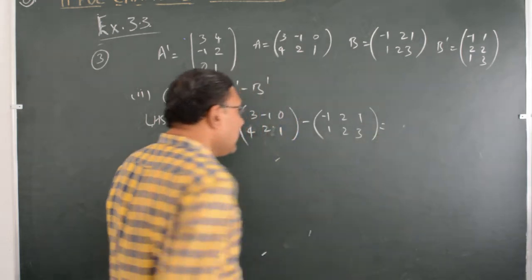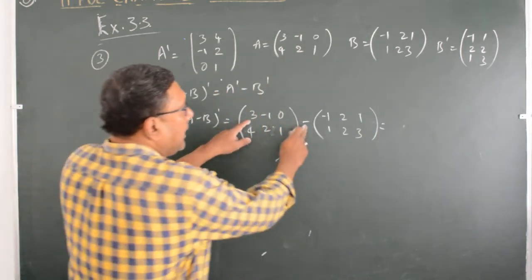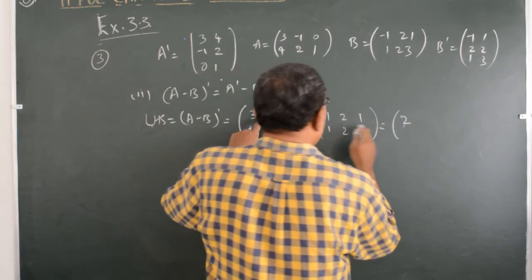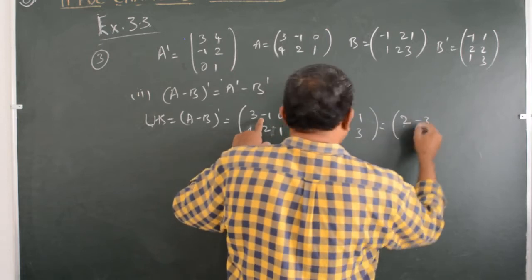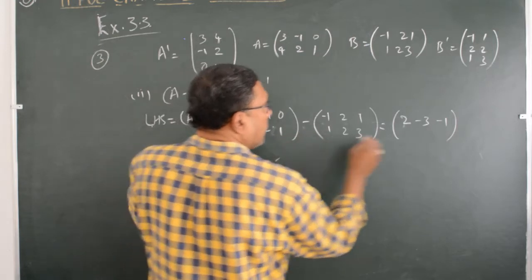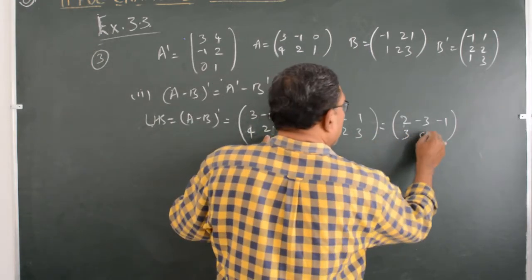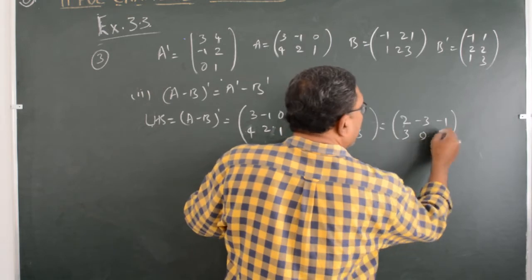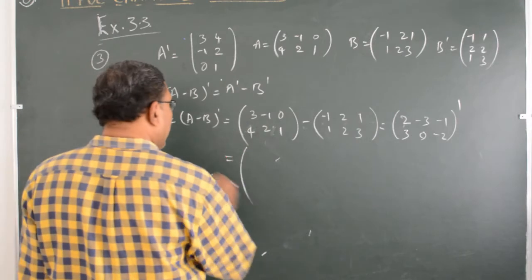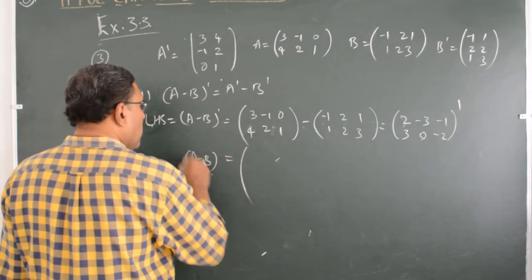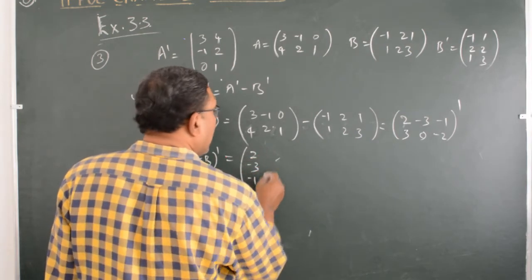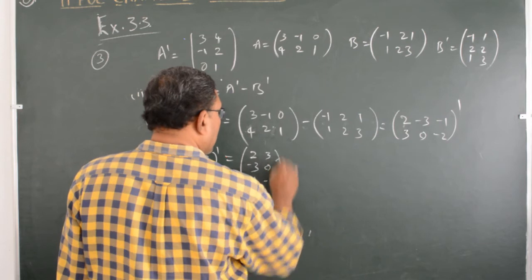We need to subtract. 3 minus of minus 1 will be 2, minus 1 minus of 2 is minus 3, 0 minus 1 is minus 1, right? 4 minus of 1 is 3, 2 minus of 2 is 0, and 1 minus of 3 is minus 2. Take a transpose of this, then we get A minus B whole transpose will be 2, minus 3, minus 1, 3, 0, minus 2. Keep remembering this.